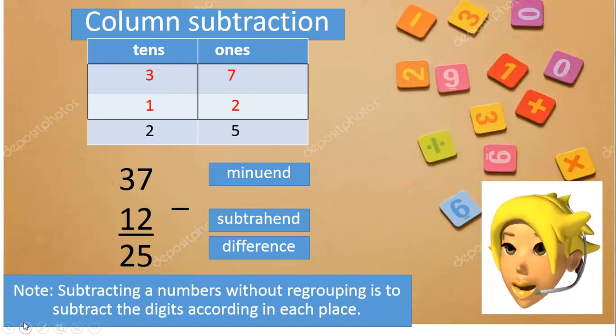Next, in the tens place, we have 3 minus 1 equals 2. Now, our difference is 25. Again, our column subtraction is 37 as our minuend minus 12 as our subtrahend equals our difference, 25. That is our subtraction according to place.